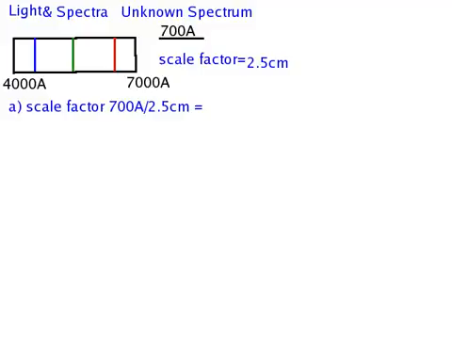So 700 divided by 2.5, there would be 280. 280 angstrom per centimeter. So for every centimeter that we measure here from the left edge to where the line is, we have to multiply that distance in centimeter measurement by 280.